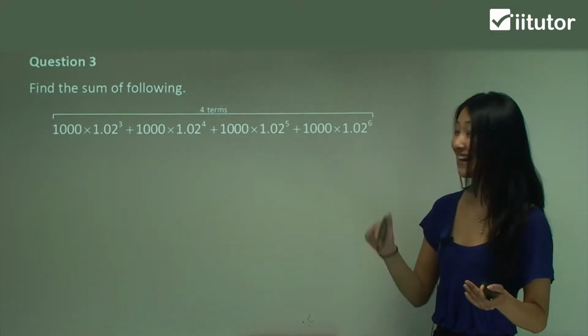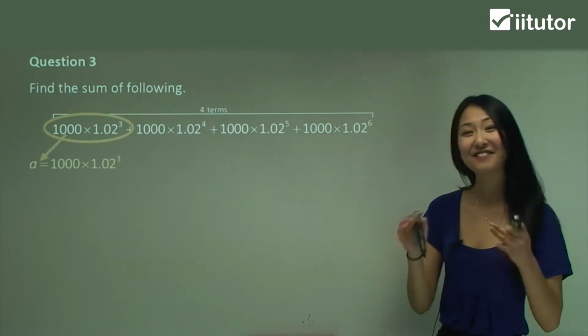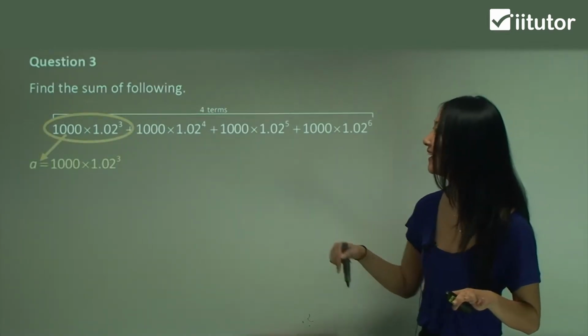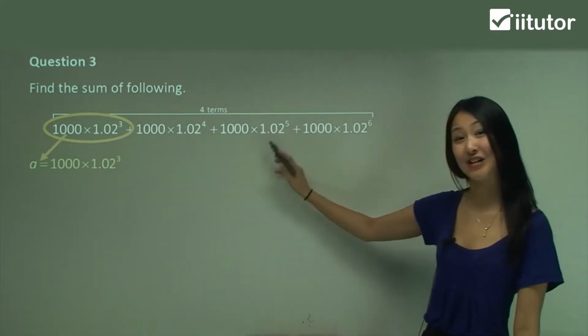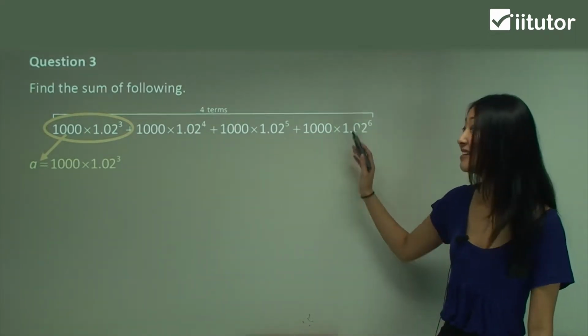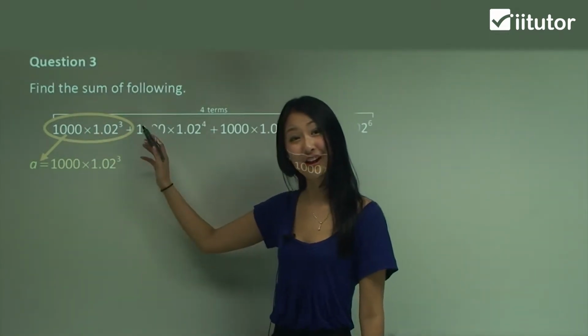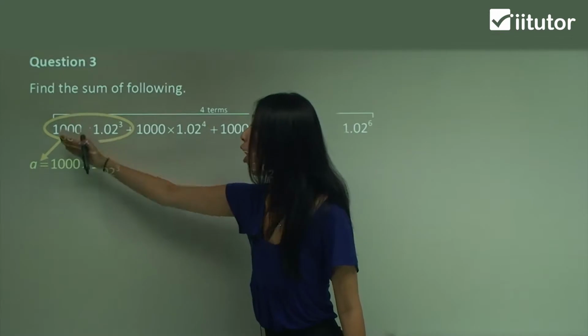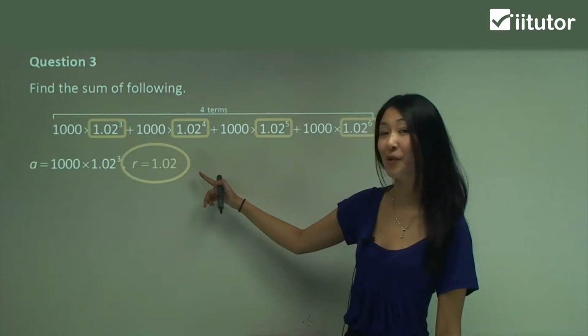Well, for those of you who said a is 1000, that's not right. And that's because if you have a look here, everything's increasing by 1.02 each time. So that means this is actually our first term, not just 1000, but the whole thing is our first term, because r is 1.02.